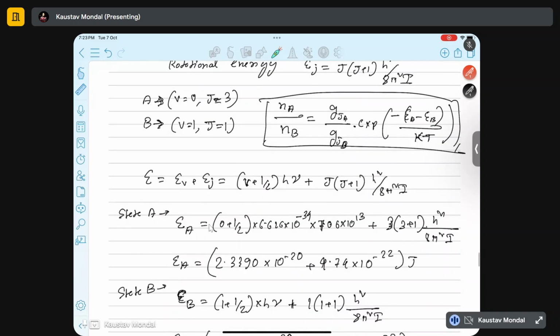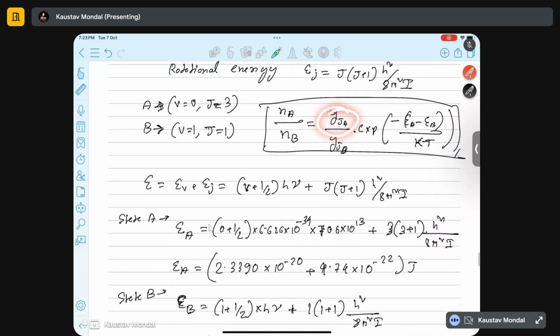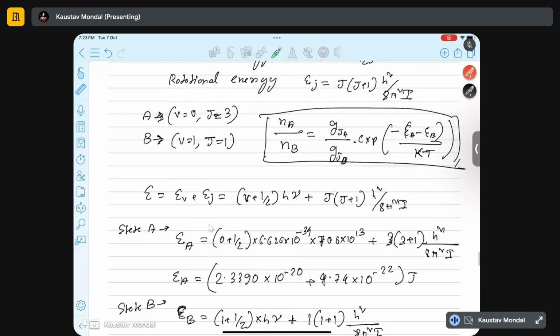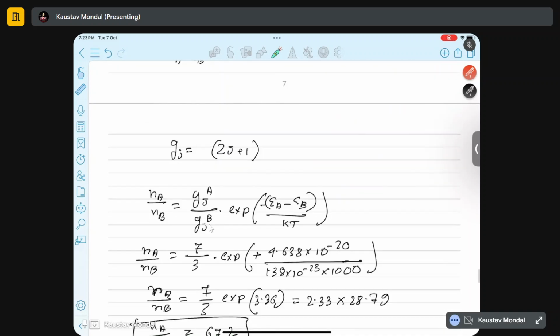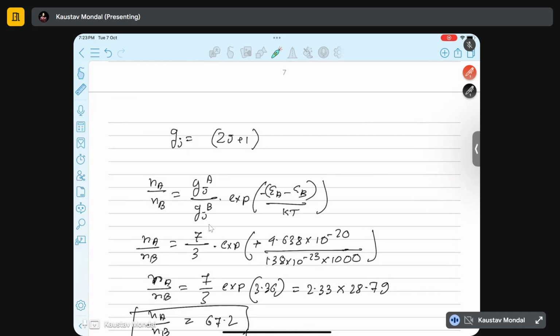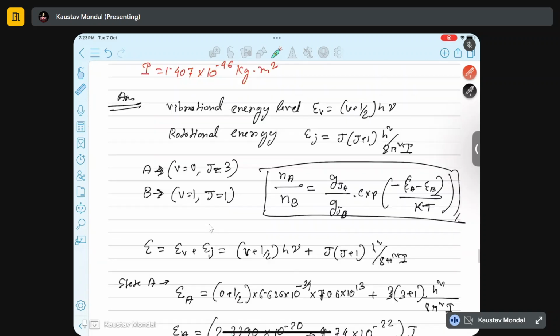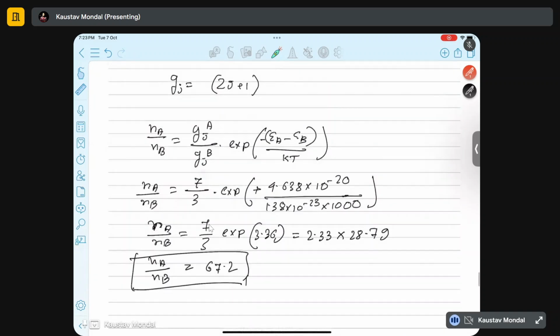After doing that, the degeneracy is also important here. Since rotational energy states are involved, the rotational energy states inherit this degeneracy, right? So for a jth rotational level, the degeneracy associated with it is Gj equal to 2J plus 1, right? So for J equal to, let's suppose 3, the first state, state A, it's 7, and for state B it will be 3, right?